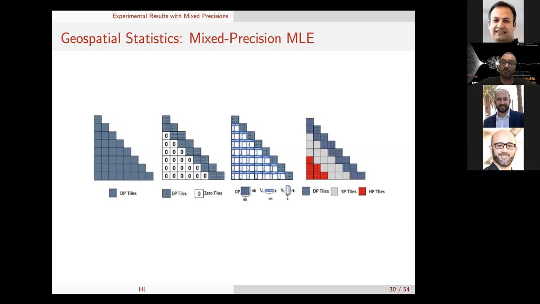And if you do the proper reordering, all those low interactions will occur farther from the diagonal tile. So the idea is rather simple. I want to do Cholesky on the dense matrix, but I want to operate in full precision on the diagonal, perhaps a bit lower precision as I move away, and even lower precision as I get close to the bottom left corner. Okay, the idea is simple, but in terms of software and implementation, this poses lots of challenges.